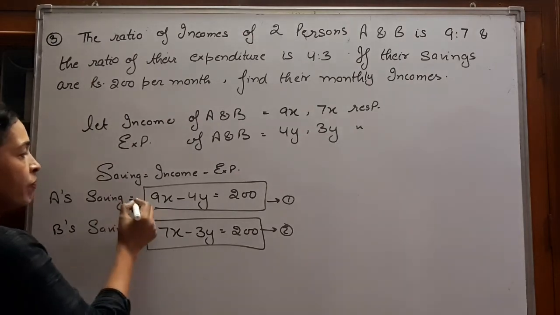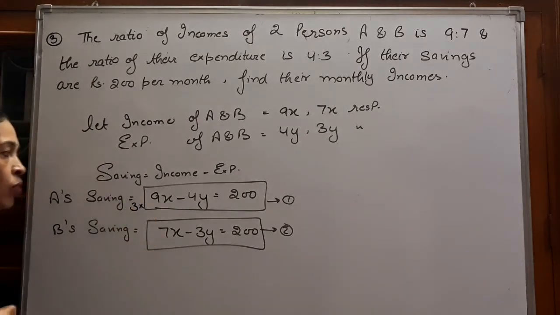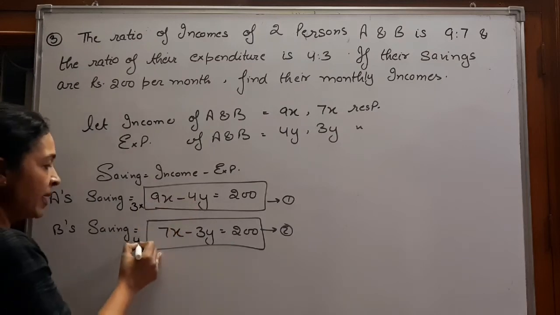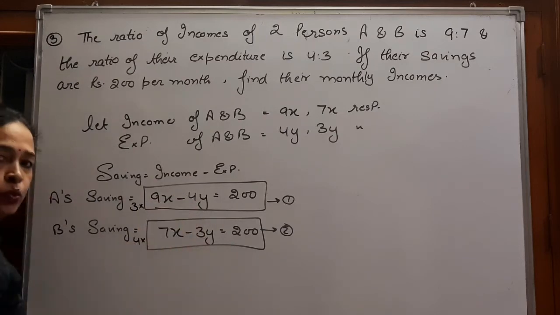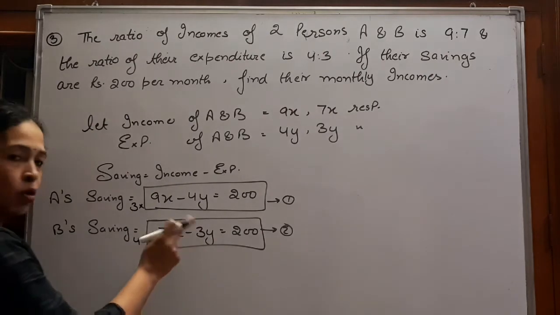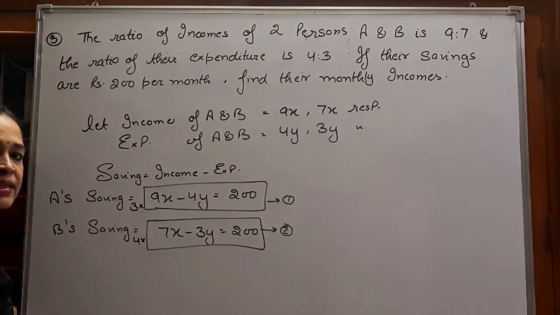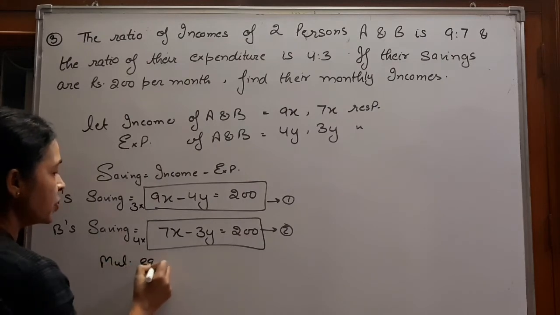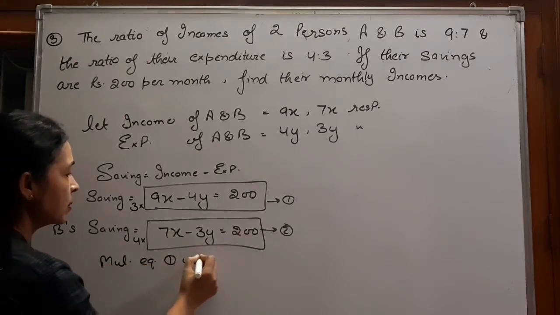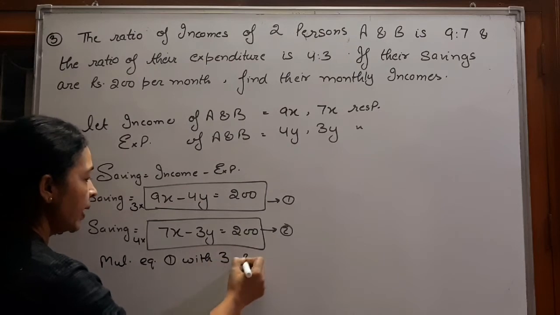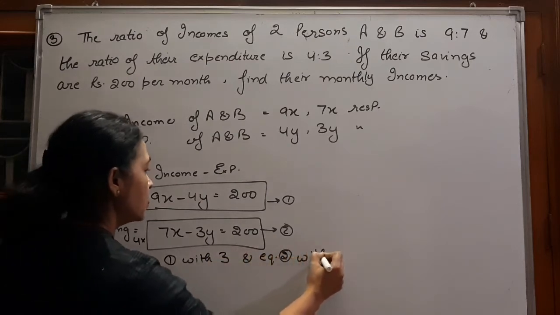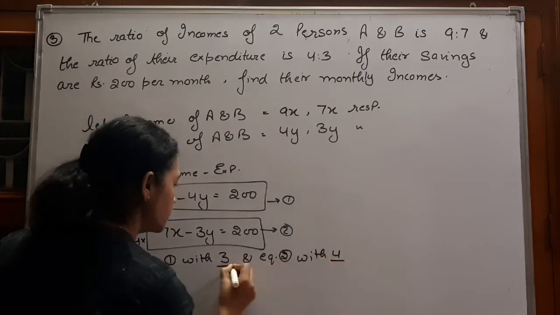If we multiply equation 1 with 3, the coefficient will become 12, and we will multiply equation 2 with 4, the coefficient will be 12. Now multiply equation 1 with 3 and equation 2 with 4.